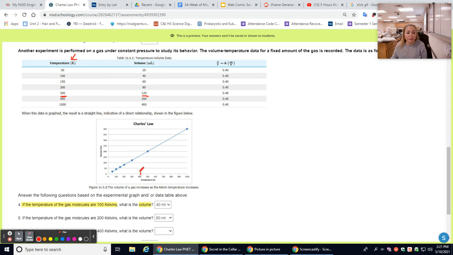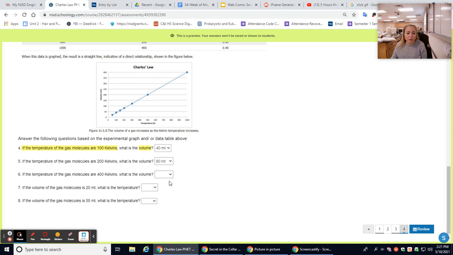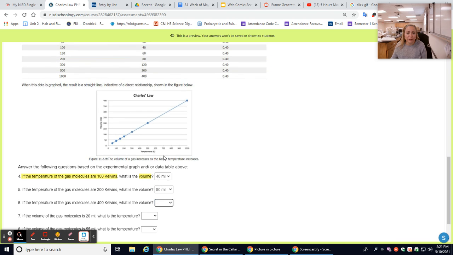It's not a perfect match, but you know it's going to be in between 120 and 200, close to the middle. So it could be 140, it could be 160, or it could be 190.